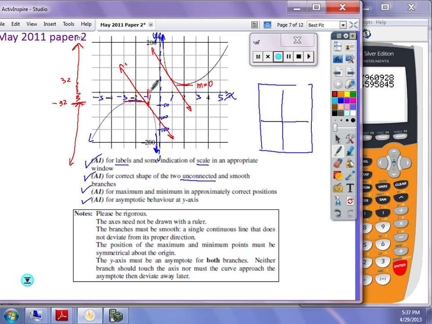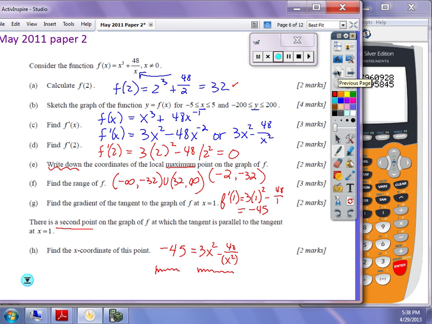And if you're going to solve a problem using that method, you're going to have to show on the graph those parallel lines and show the tangent line. And so I can see that at x equal -1 is where I also have a slope of -45.